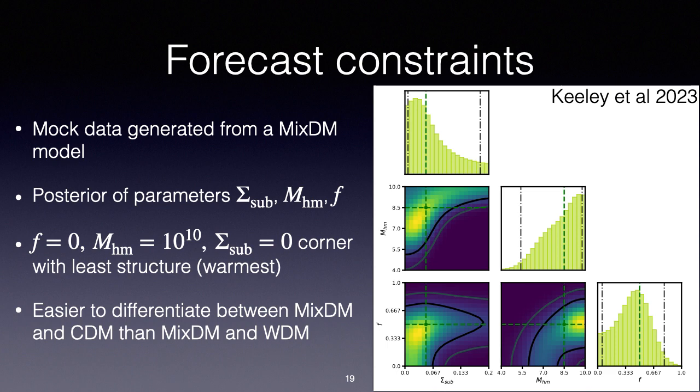The green lines shown here are the true parameters that we used to generate the mock data. So the true point is an intermediate case, where we have a fraction of around 0.5, an intermediate number of subhalos, and the half-mode mass is just above where the current limits are set for warm dark matter.